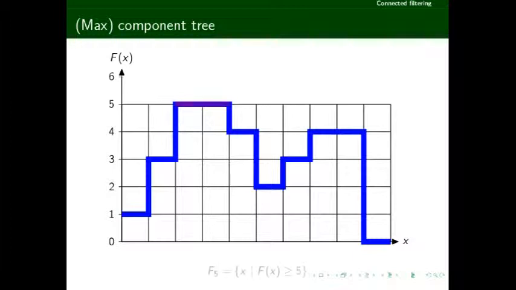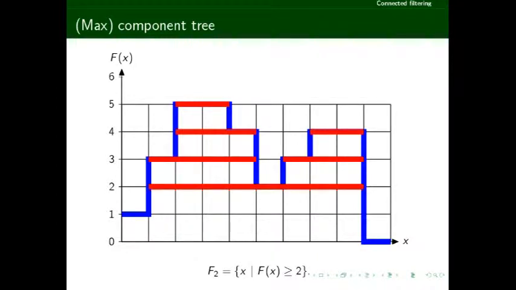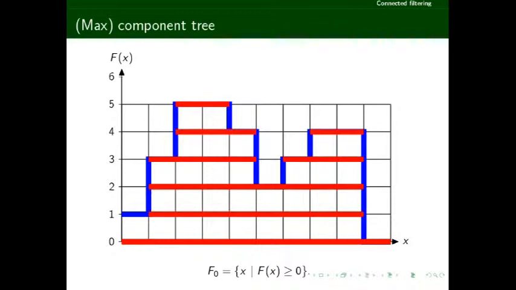At altitude 5, you have this connected component. For these two connected components, altitude 3; these two connected components, 2; this connected component, 1; and 0. So plenty of connected components. The nice thing is that these connected components are either disjoint or nested.